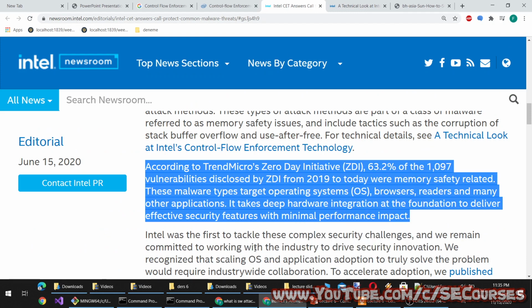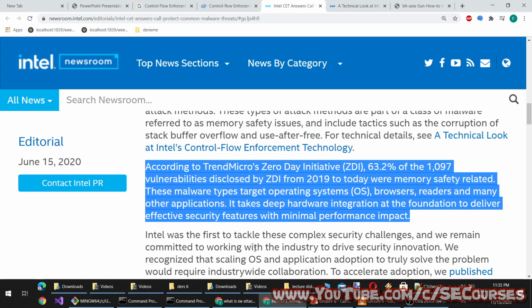According to Trend Micro's Zero Day Initiative (ZDI), 63.2% of the 1,097 vulnerabilities disclosed by ZDI from 2019 to today were memory safety related. These malware types target operating systems (OS), browsers, readers, and many other applications.